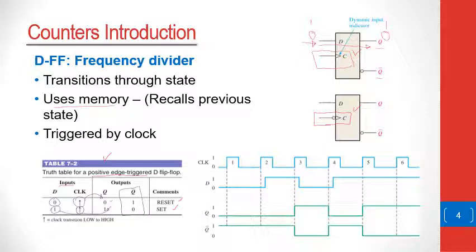So if you look at it in the form of a timing diagram, you will notice that initially, at this time, the D is 0, the Q will be 0, and the Q bar will be the opposite, which is 1.